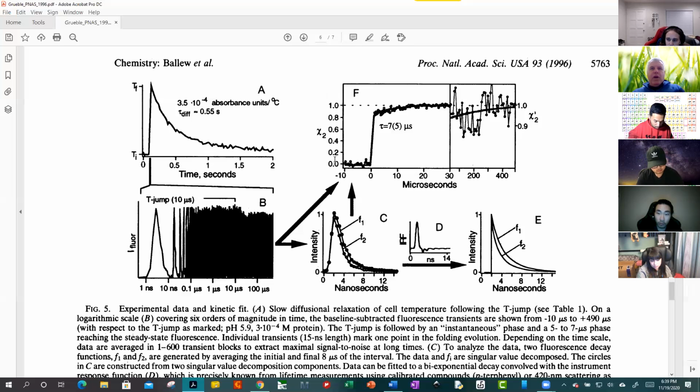Excellent point, right? So what's happening is that each of these transients is being numerically fit to two time constants, a fast and a slow time constant. And the slow time constant, Chi2, is, I guess, around 7 nanoseconds or 7 microseconds, right?